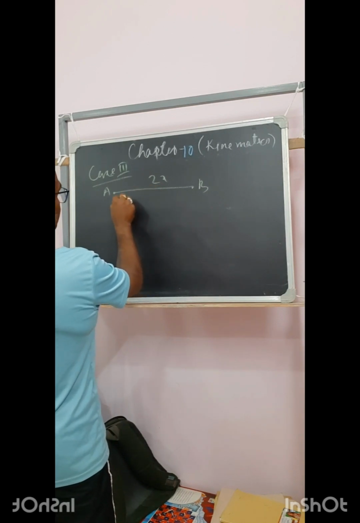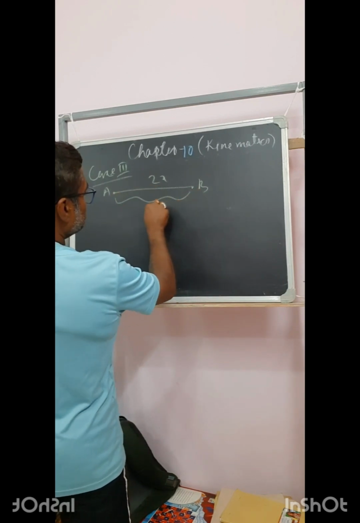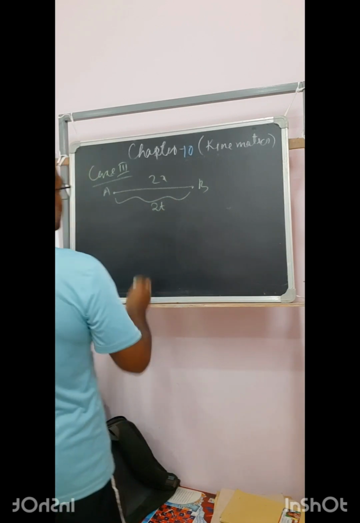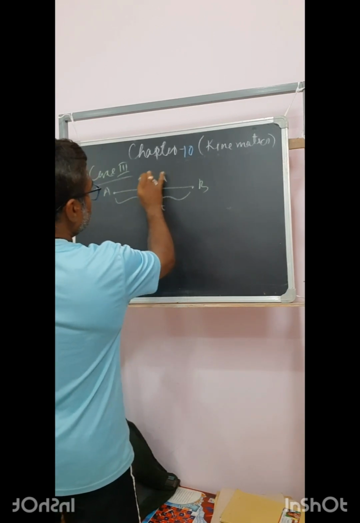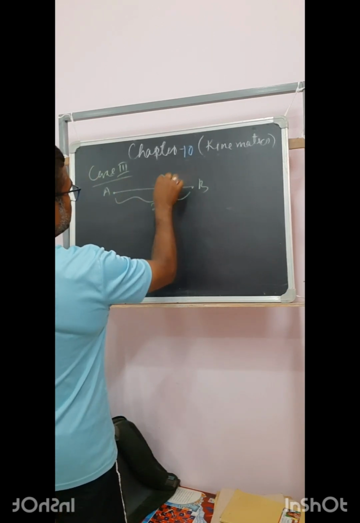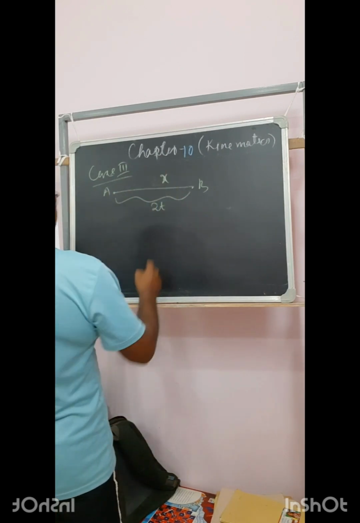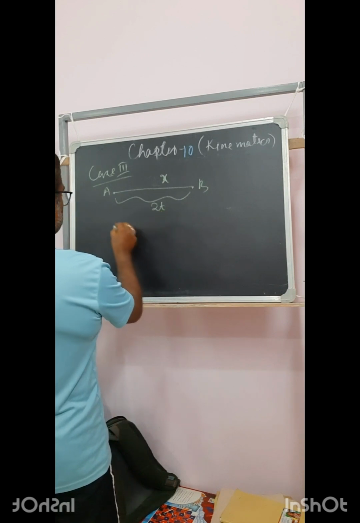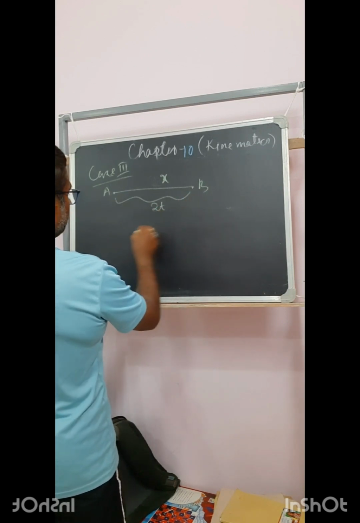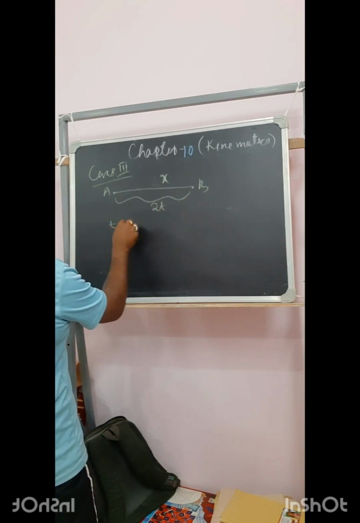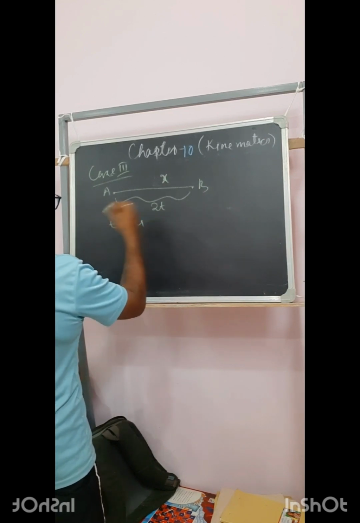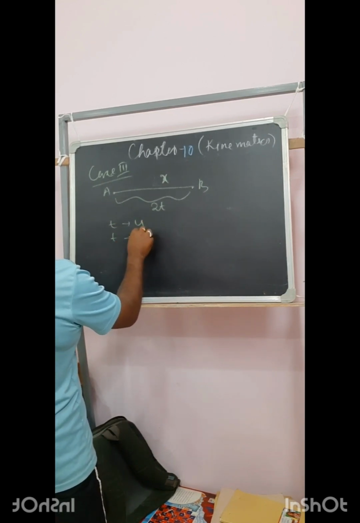Now this time let's say the total time is 2t, and the total distance, because it is not said to be half the distance, is x. The half of the time, if 2t is the total, goes with the velocity u, and the next half goes with the velocity v.